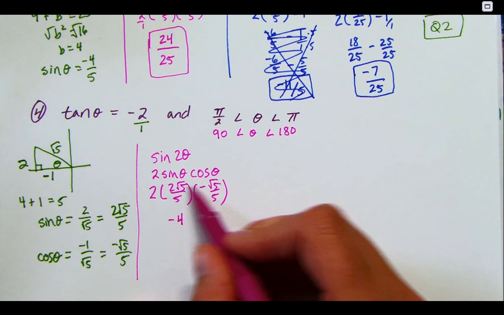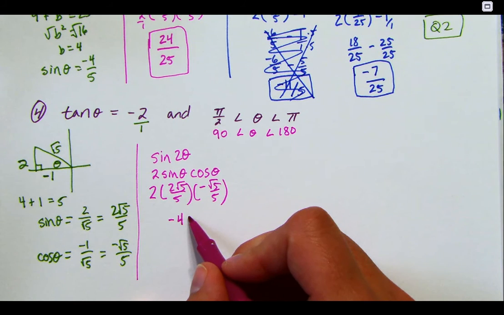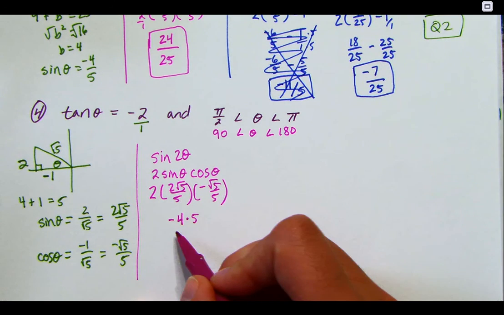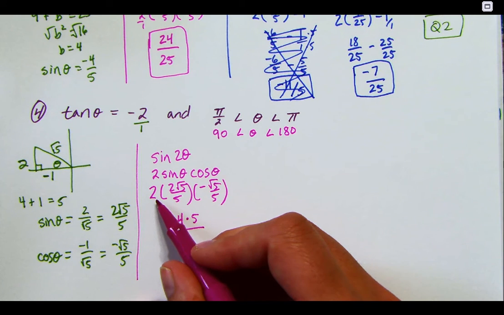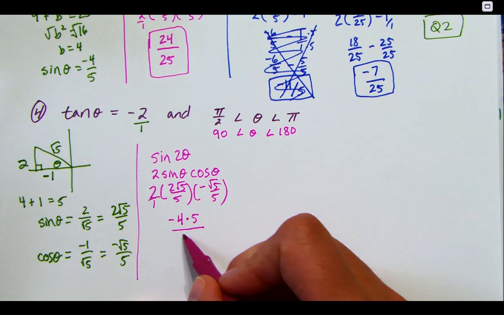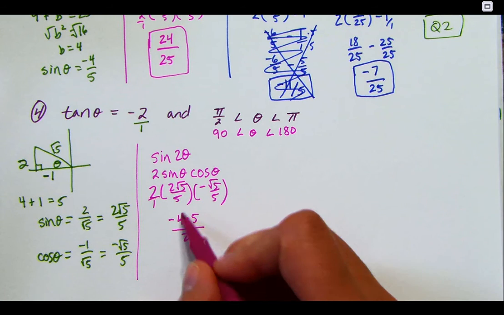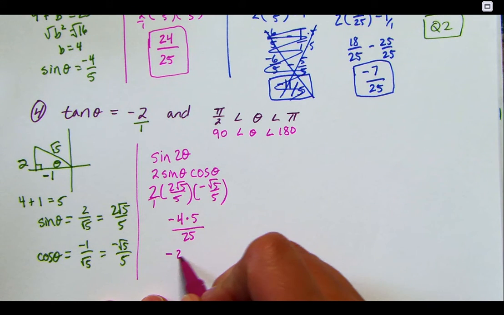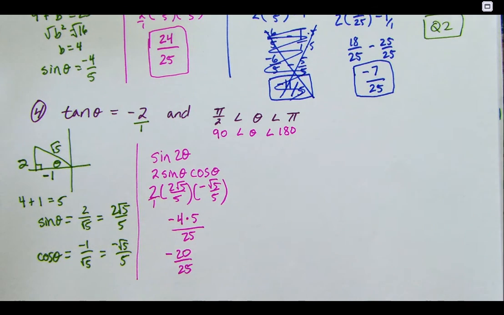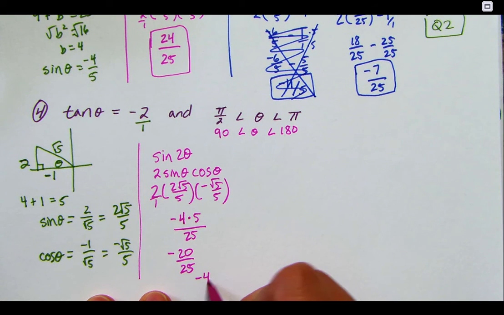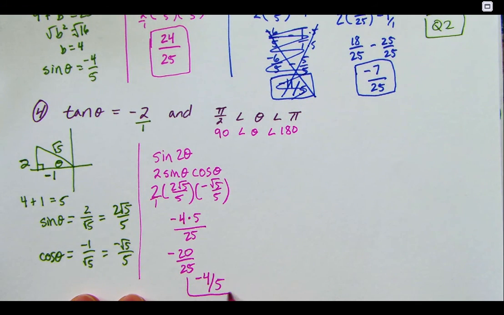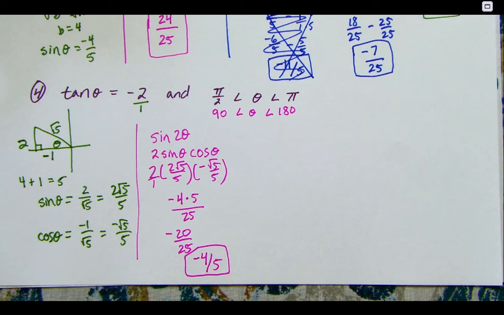And then square root of 5 times square root of 5 is 5. And then 2 over 1, so 1 times 5 times 5 is 25. And if I simplified that, we would have -20 over 25. And each of those is divisible by 5, so this is going to reduce to -4/5 for that final answer.